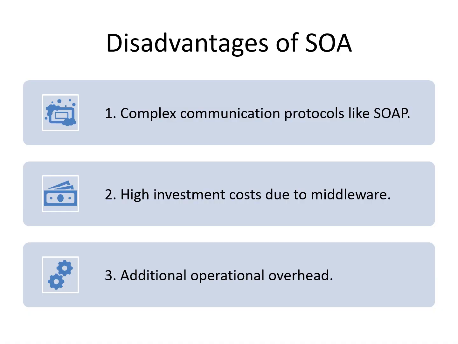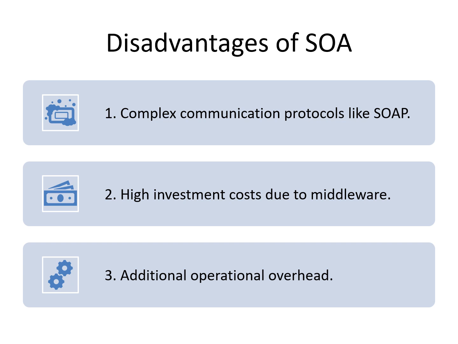Disadvantages of SOA. Complex communication protocol: communication between the UI and backend services often uses SOAP. SOAP uses XML format, which is verbose and complex, leading to heavier communication overhead compared to lightweight protocols like REST.